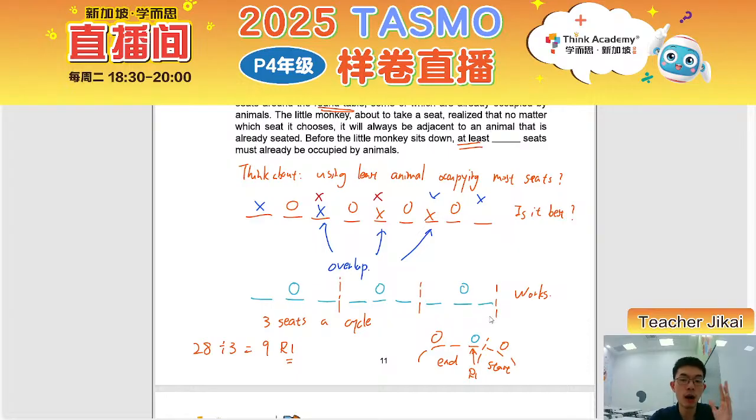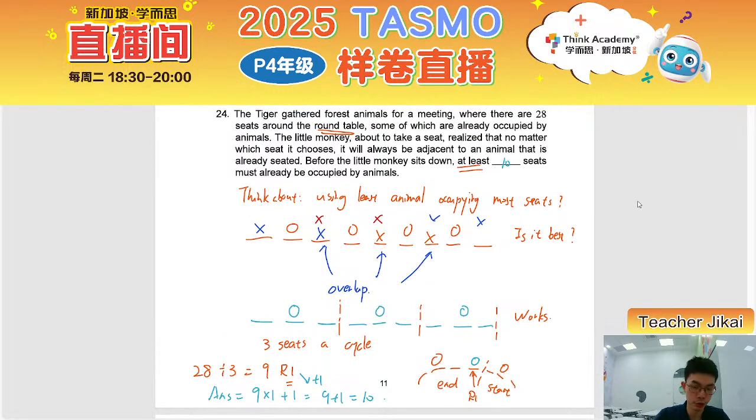Left or right, we always have one animal already seated. So it means we need to plus 1. So the final answer is just 9 cycles, each cycle with one animal, and we plus the 1 in this seat. So 9 plus 1 is equal to 10. Yes, at least 10 seats must already be occupied by the animals.